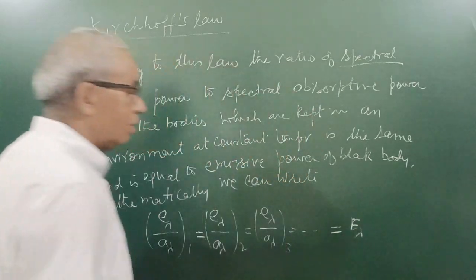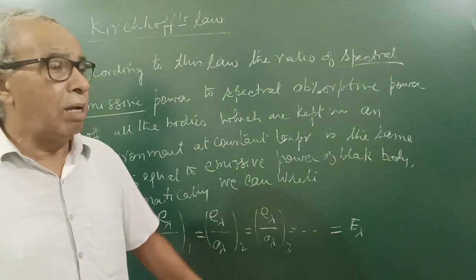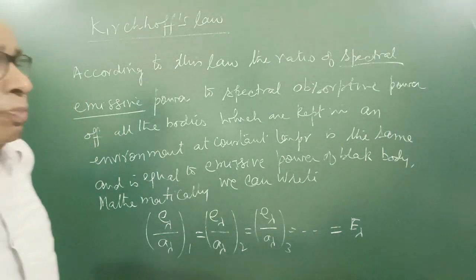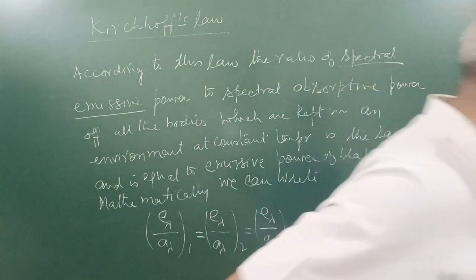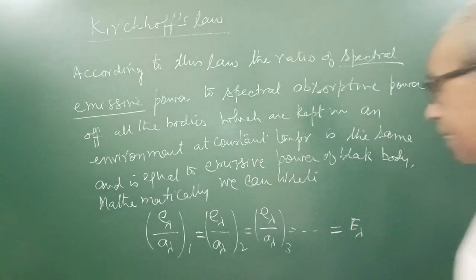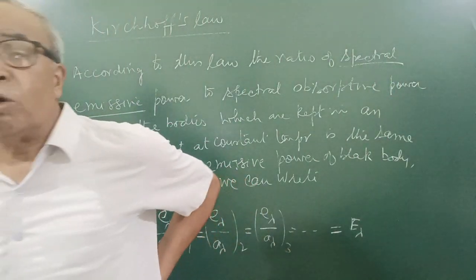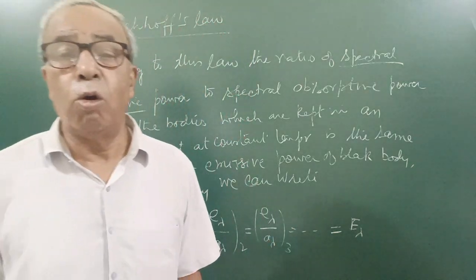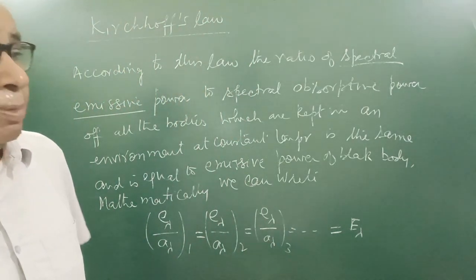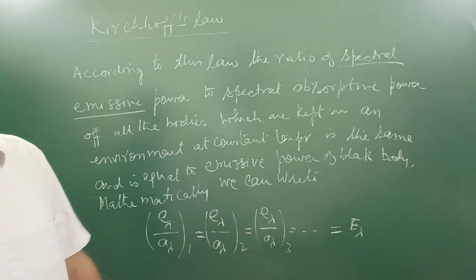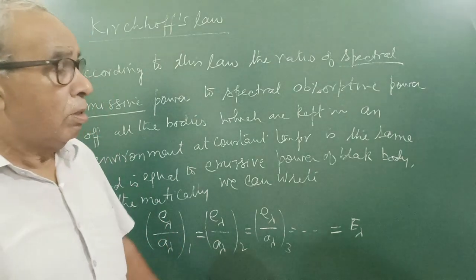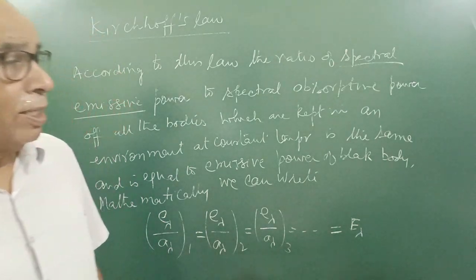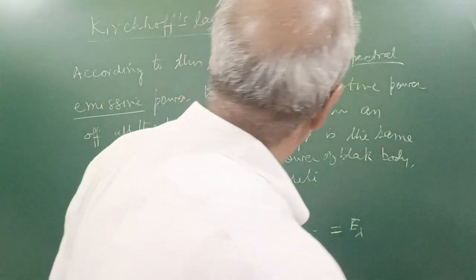Capital E lambda is the emissive power of the black body. The condition is that all these bodies along with the black body should be at the same temperature.